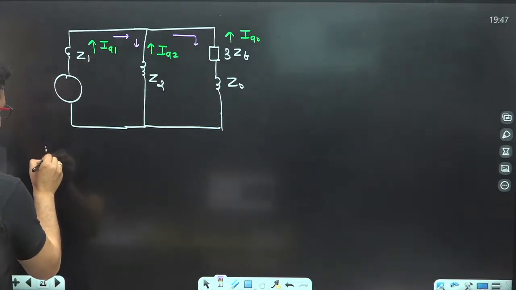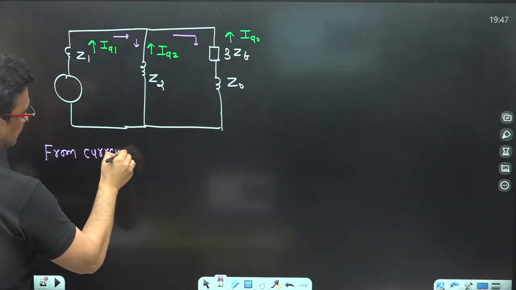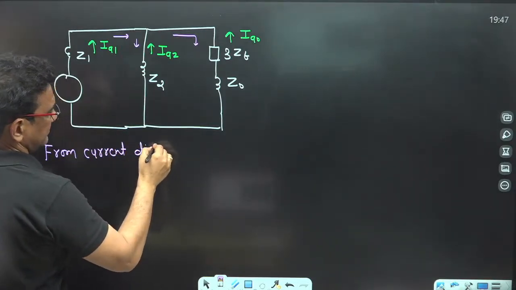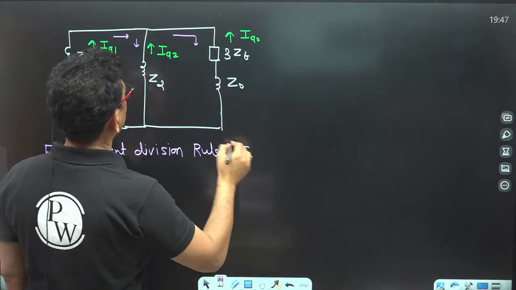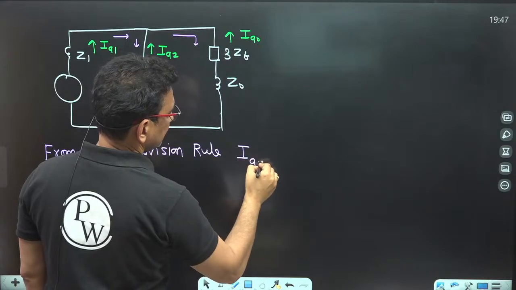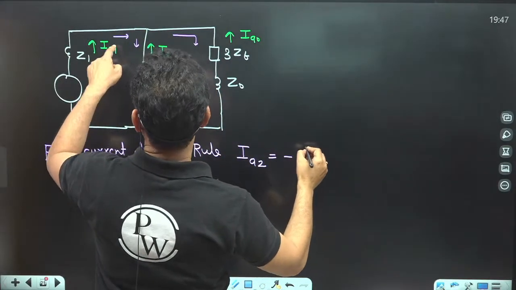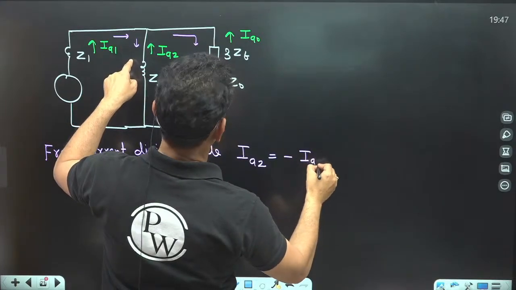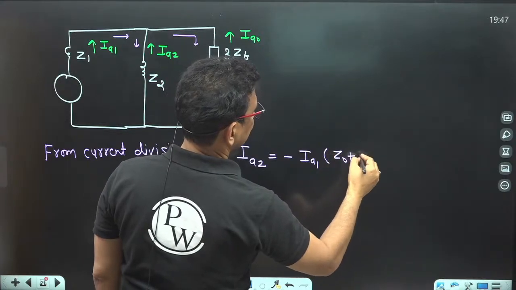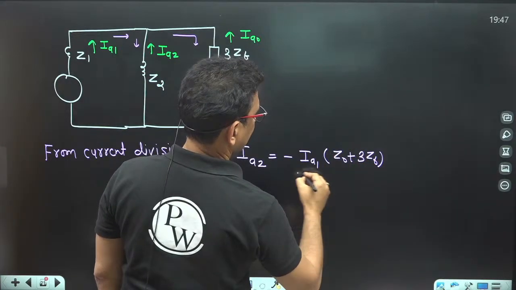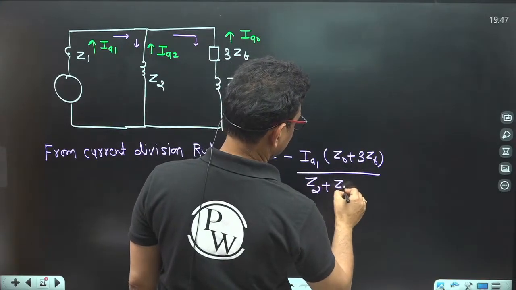So from the current division rule, see, IA2 is the negative of this current, and this current is nothing but IA1 multiplied by the impedance of this branch, Z0 plus 3ZF, divided by the sum of all these, Z2 plus Z0 plus 3ZF.